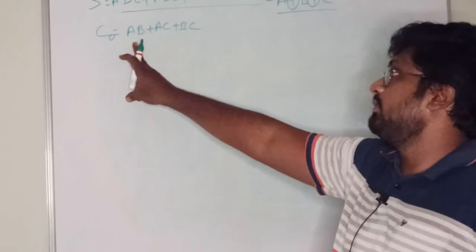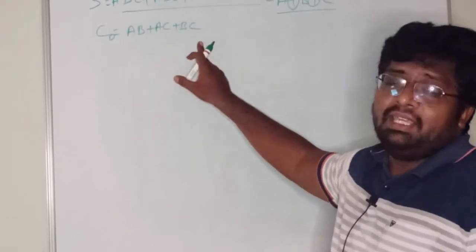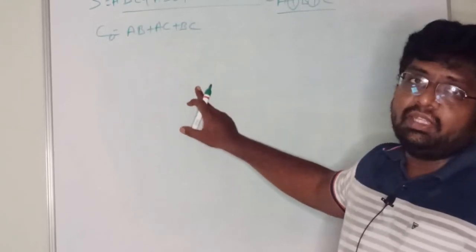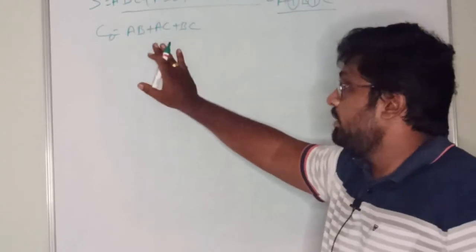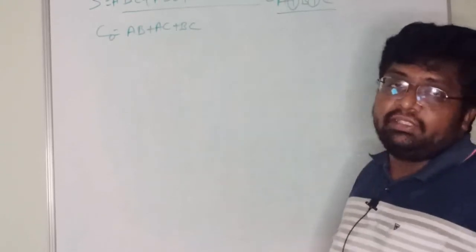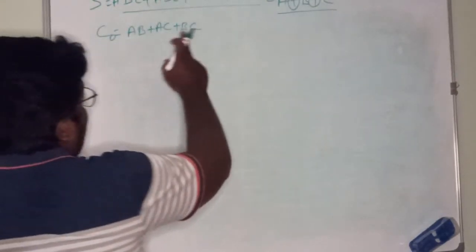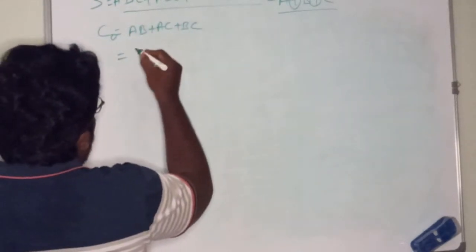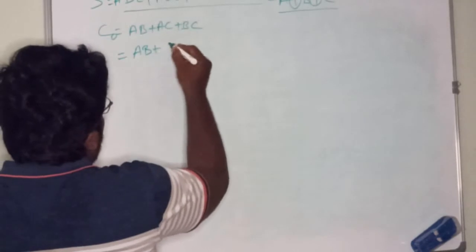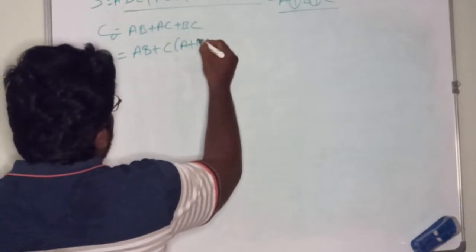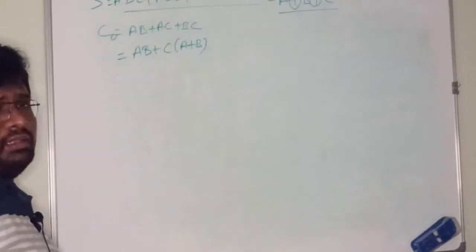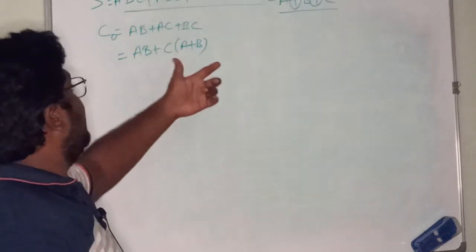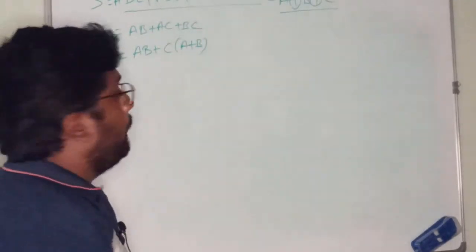C0 is equal to AB plus AC plus BC, and now we need to get this C0 value also in XOR representation, right? So C0 is equal to AB plus AC plus BC. Now, taking C as common, I have written it as AB plus C into (A plus B).